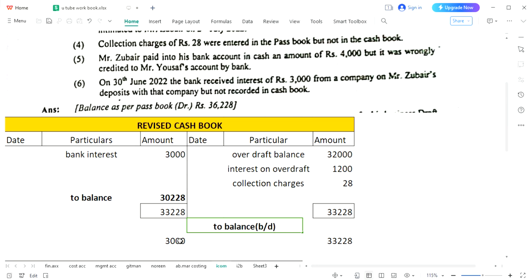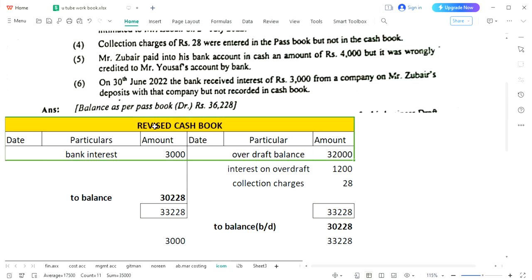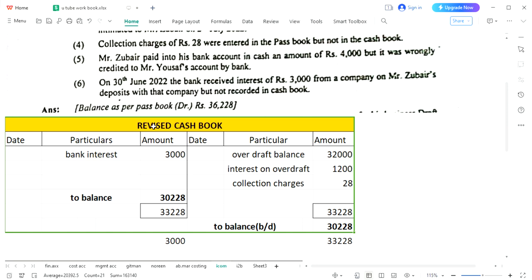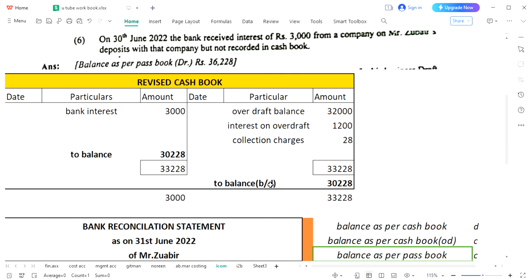So it would be called brought down balance. The amount would be similar, 30,228. So guys, in this way our revised cash book has been completed. Let's put an outer border over here. The cash book is completed.